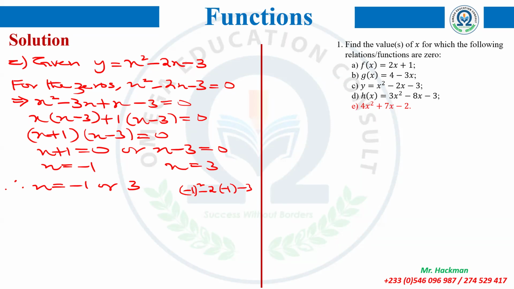Let's see if that will give us 0. Minus 1 squared is 1, then plus 2, then minus 3, obviously 0. So if you investigate that for 3, too, you end up getting 0. So indeed, these are the x values that will make the function, in this case the relation, 0. All correct.